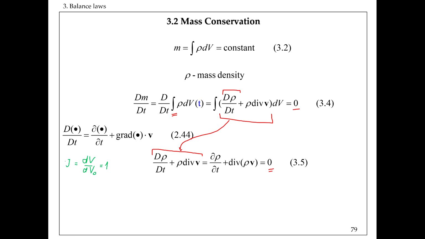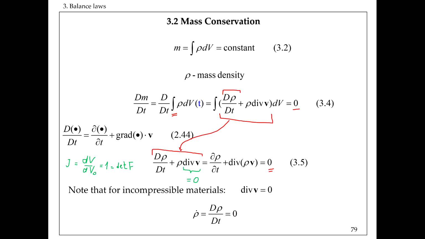And we can show that for incompressible material, when J equals 1, this term divergence v needs to be equal to 0. So once you say that J equals 1, that immediately drops this term as well, and then the mass conservation 3.5 for incompressible material reduces to this simple formula.